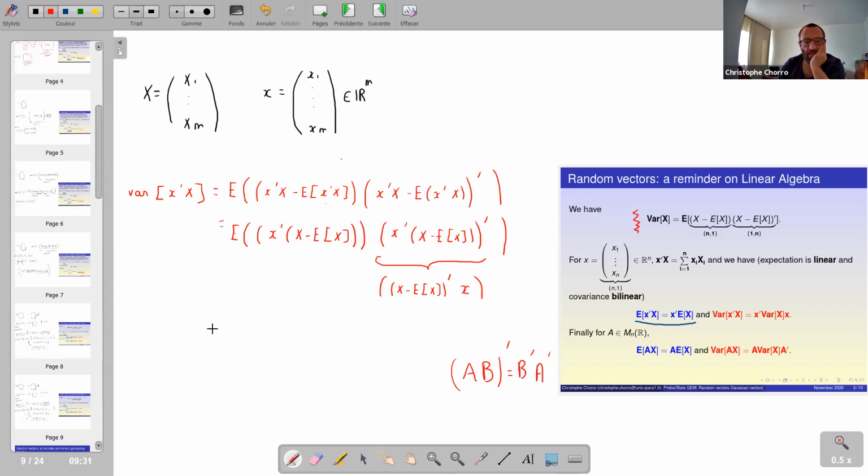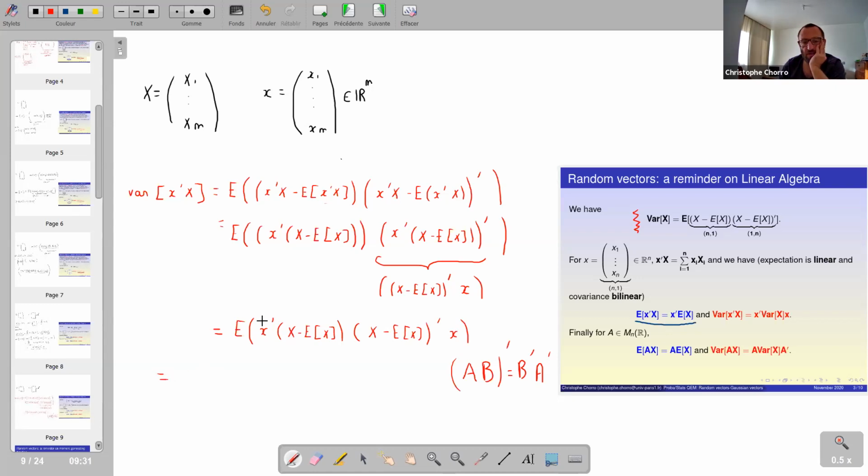And finally, what you have in this expression is the expectation of x prime, x minus the expectation of x, x minus the expectation of x prime, x, and using now the linearity of the expectation.